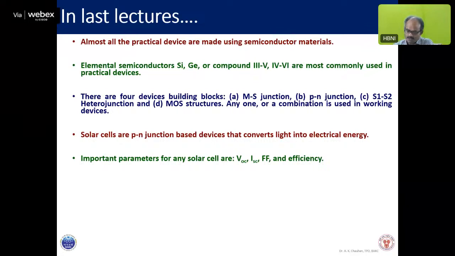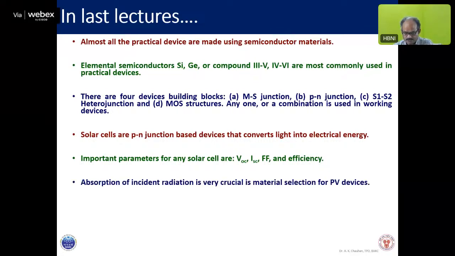Short circuit current is the maximum current which can be drawn from the device. This is when we do short circuiting, and in this situation the voltage will be 0. And then there is a fill factor, which gives where the maximum efficiency is obtained for the value of voltage and current.